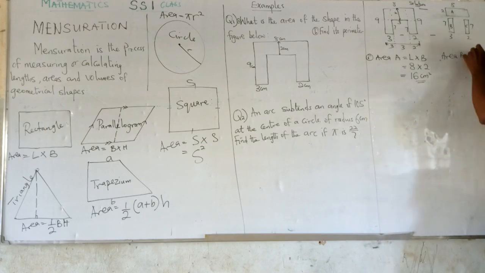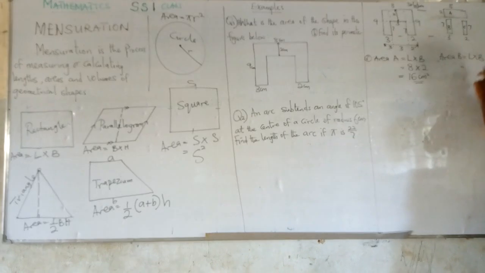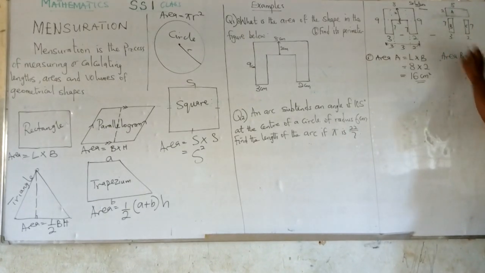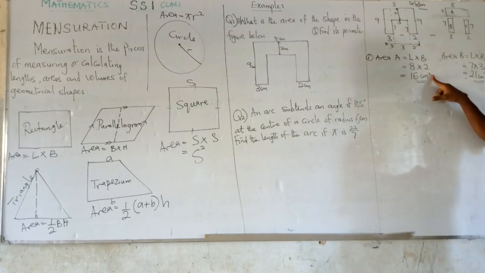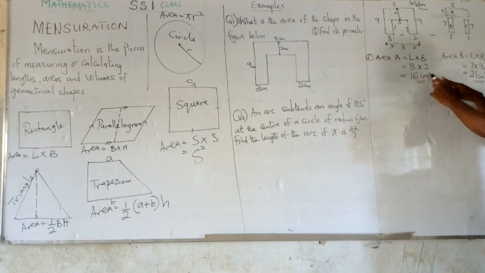A rectangle, and it's going to be length times breadth. Now, going by this, our length is what? 7, and our breadth is what? 3. If you multiply 7 by 3, you have what? 21 cm what? Square. If you omit your square, then it's wrong, because our area must go with square.